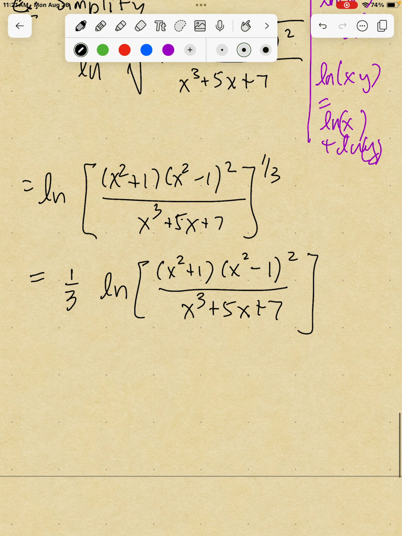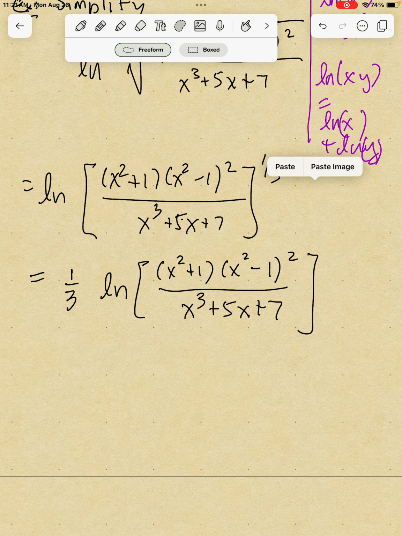Okay, now I have this. So now I have a quotient. I'm showing all the steps in this example. So I have the top part divided by the bottom part, and I'm taking the natural log.